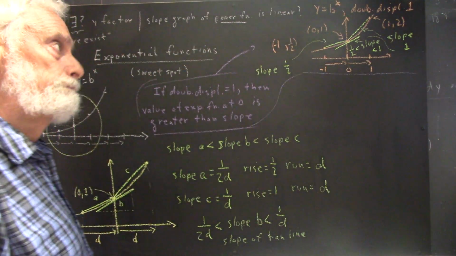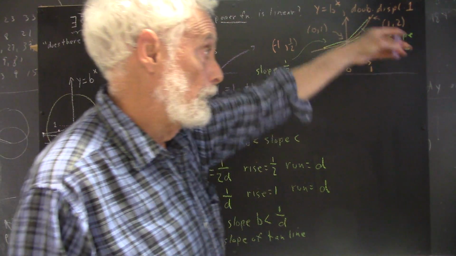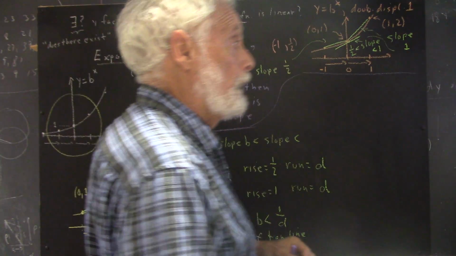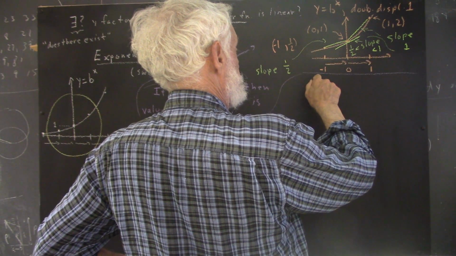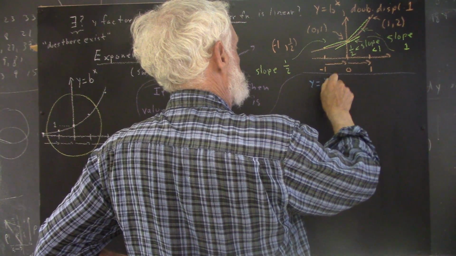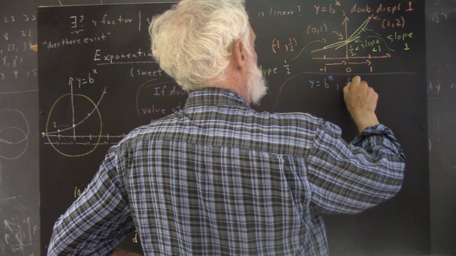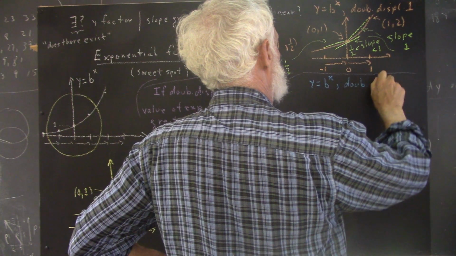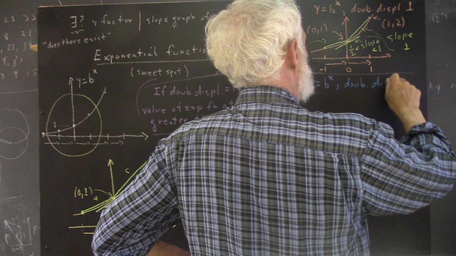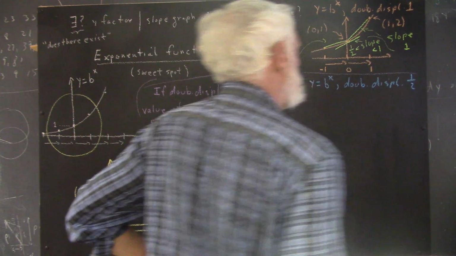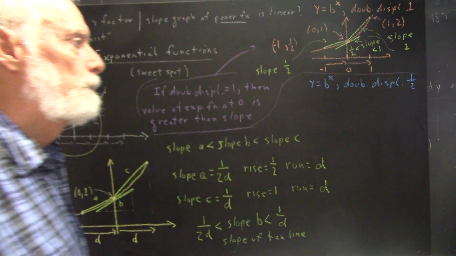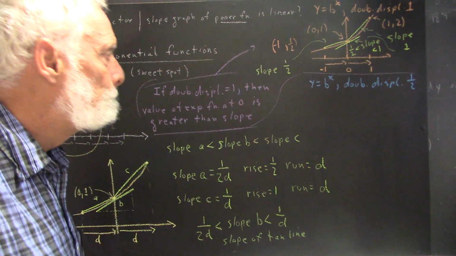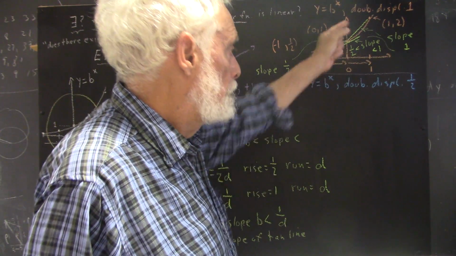Now I want to do another graph for another doubling displacement. This time I want a doubling displacement of 1/2. Okay, so you should stop at this point and construct that graph.